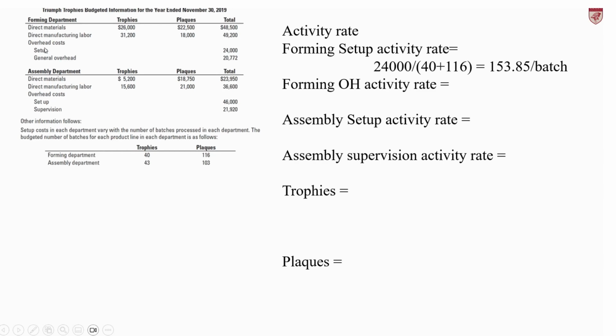Now for the forming overhead rate, the problem does not actually give you what exactly the general overhead is. But let's say the general overhead has to do mostly with the supervision cost. And the problem has also shown you that the supervision costs usually vary with the labor cost.